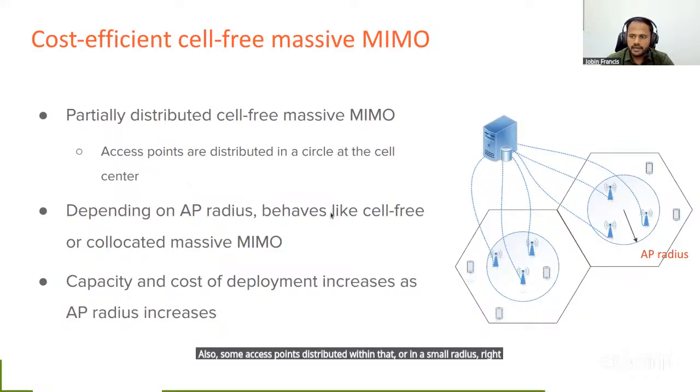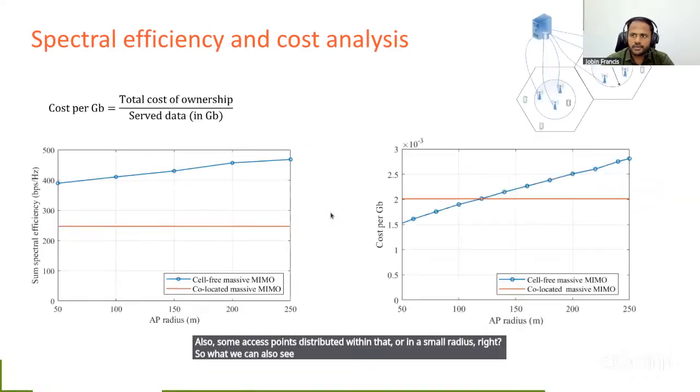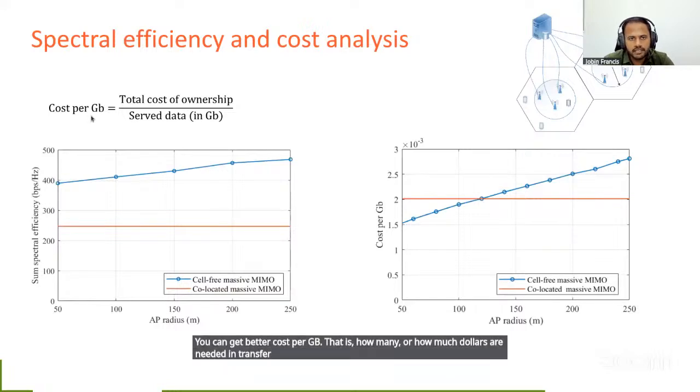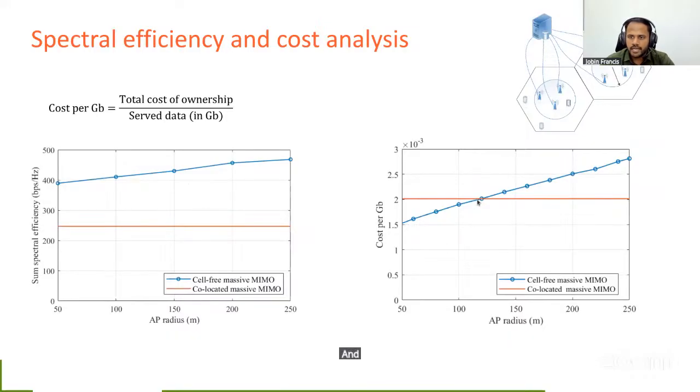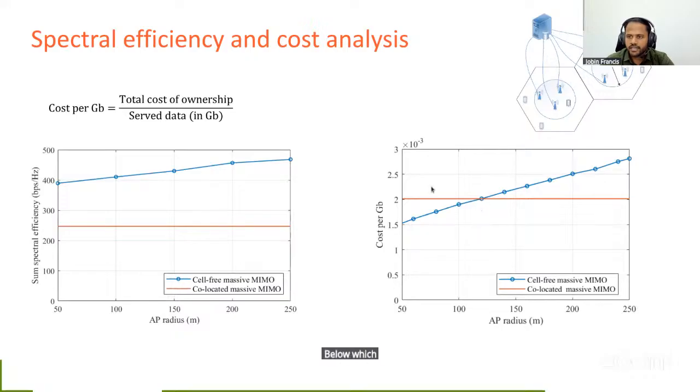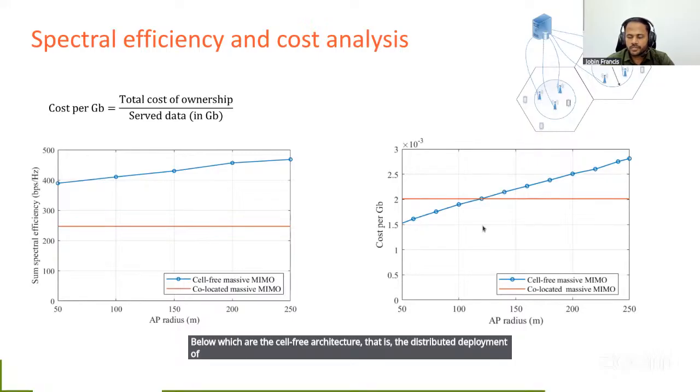So what we can also see is that for such a hybrid of this cellular and cell-free architecture, you can get better cost per GB. That is how many dollars are needed in transferring per GB of data through this network. And through some analysis we have seen that there is actually a radius below which the cell-free architecture, that is the distributed deployment of these access points, is cost effective, right?